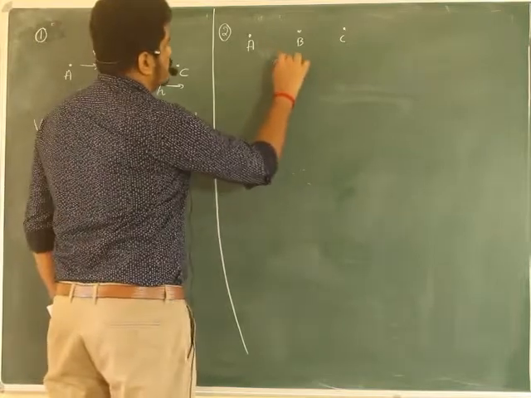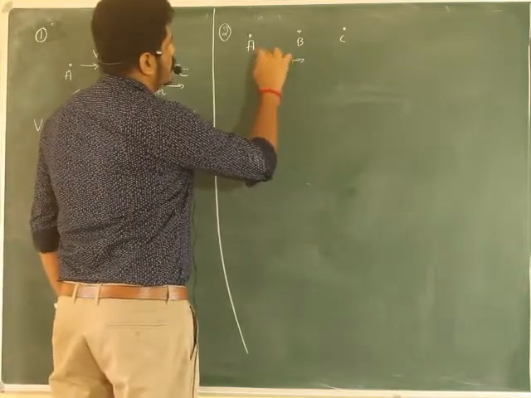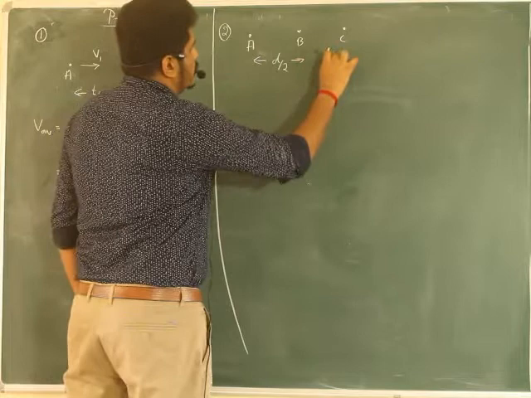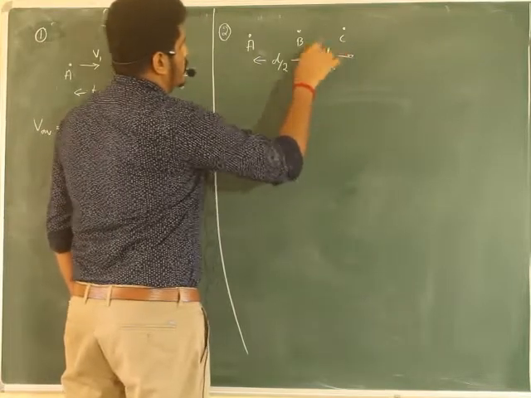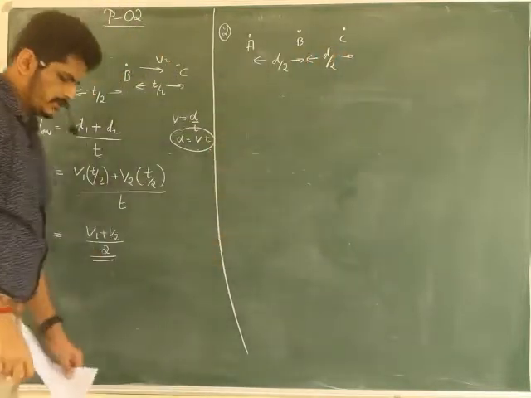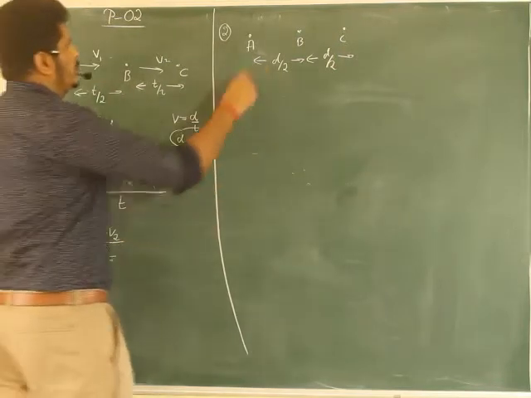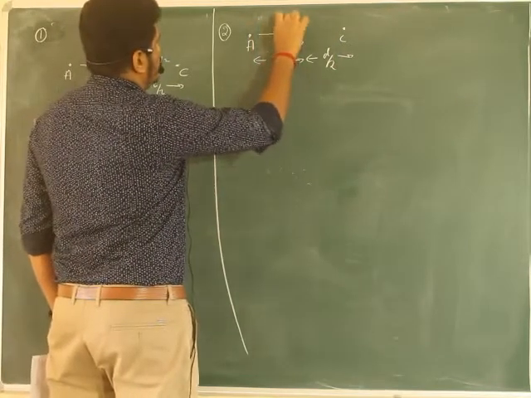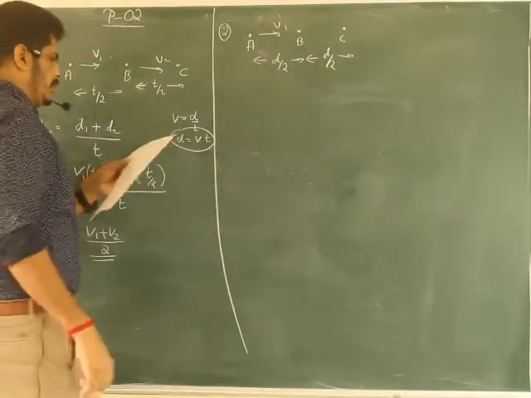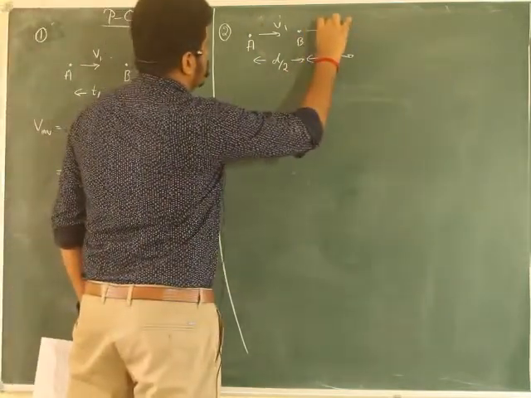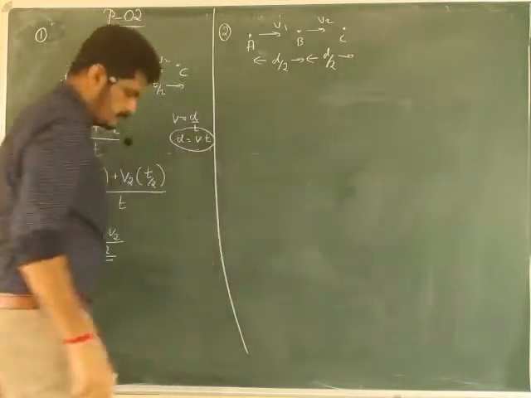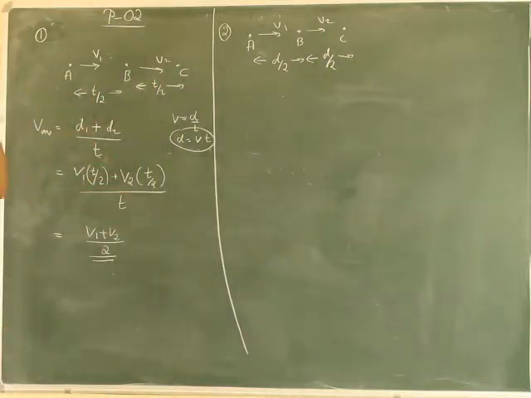That means they have divided the total distance traveled into equal halves. So regular interval, that means regular interval of distance or displacement here, correct? And it is given that with the uniform speed V1 here from A to B, and next here from B to C it is moving with uniform speed V2. Now what is actually identical here?